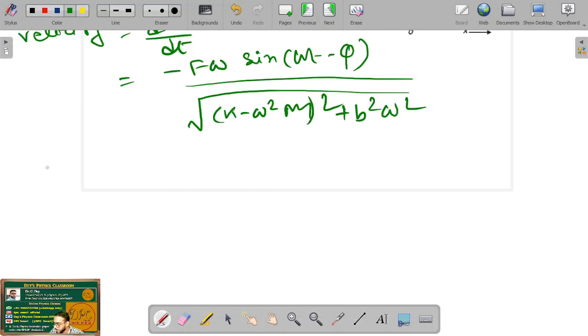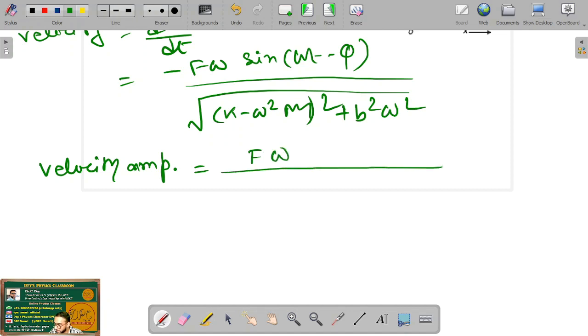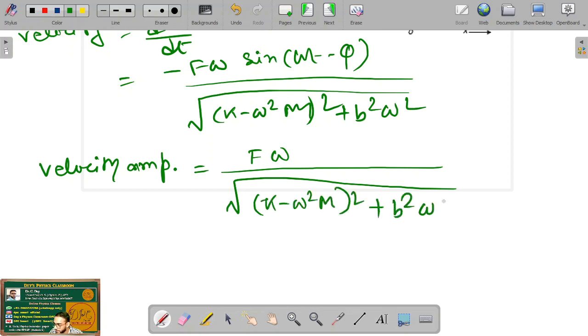So here the velocity amplitude magnitude is F into omega divided by this term k minus omega square m square plus b square omega square. So this is the velocity amplitude part.